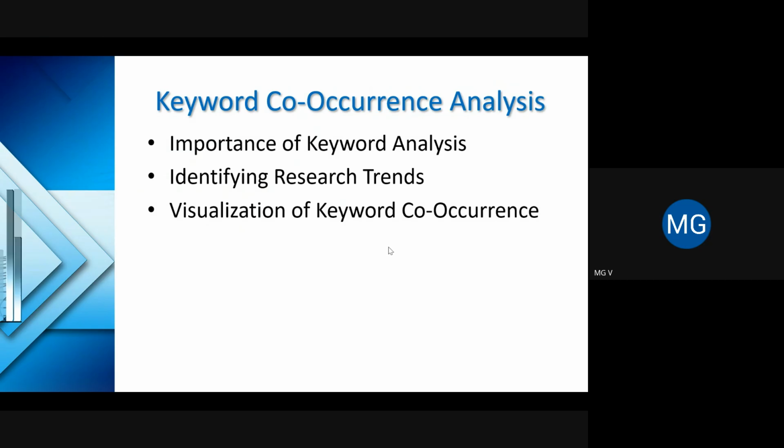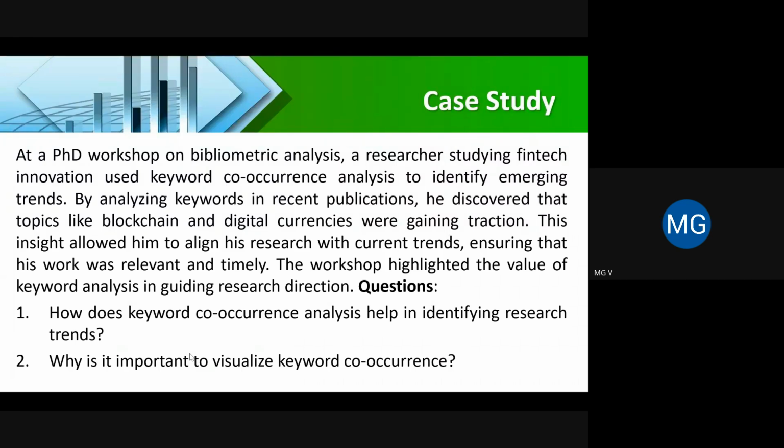This analysis helps researchers understand the current landscape and position their work within the relevant discussions. Visualizing keyword co-occurrence using tools like WOSViewer provides a clear picture of the interconnectedness of topics, guiding the direction of future research. So, we have conducted this activity. We will do it again when time permits.